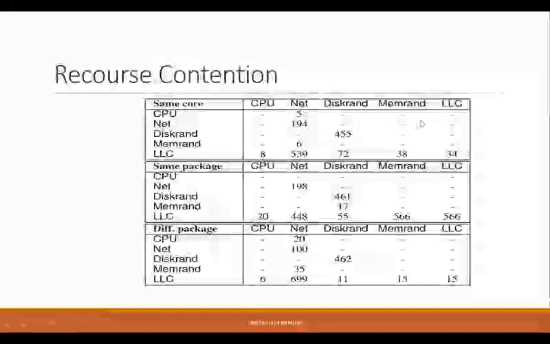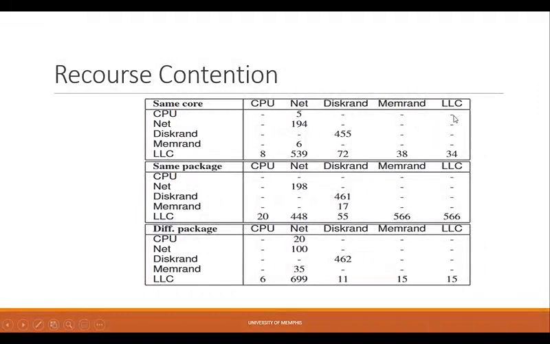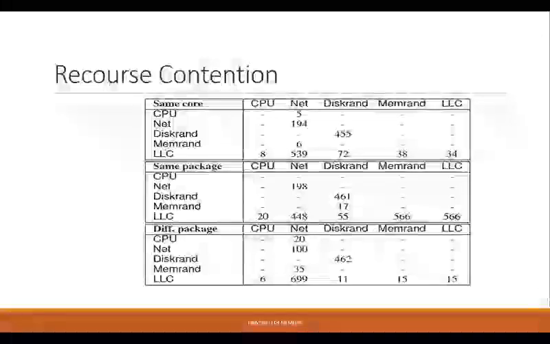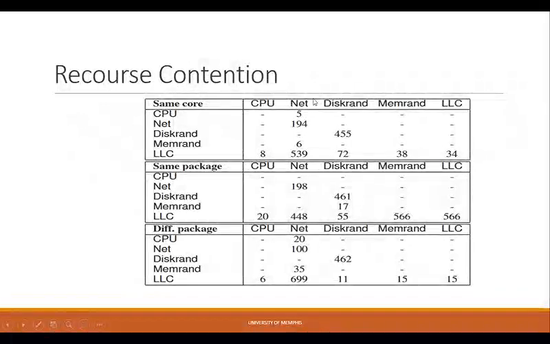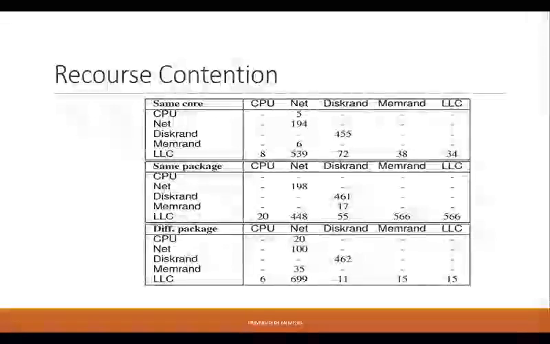And CPU and memory have very little interference with each other, which means that the hypervisor is doing a very good job in the isolation. But again, the network has the worst effect on the cache. LLC means the last level cache. If a processor is using three cache layers, layer 1, 2, and 3, LLC is the last layer and is shared between all the cores within this socket.